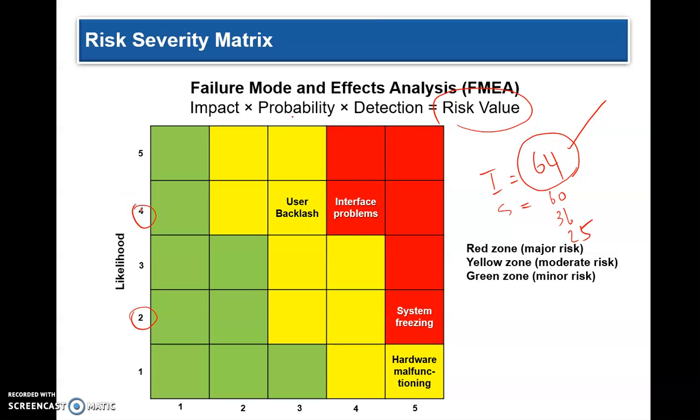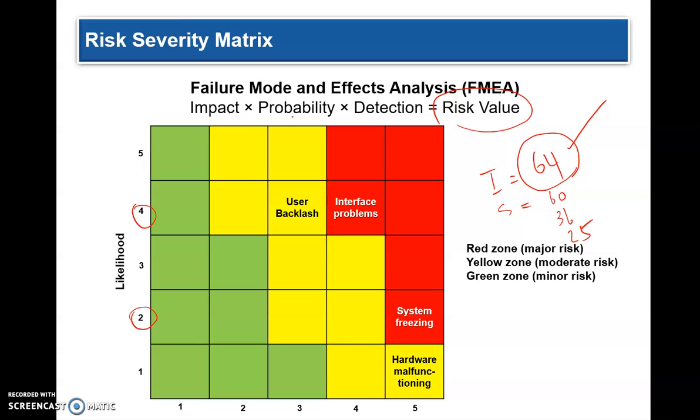So you can create all these factors and put together a risk severity matrix, and then you can make this red in color, this yellow in color, this green in color. The ones which are green in color do not have that much of an impact. The one in the yellow color has medium impact, and the one in the red has got high impact, or the major risks.